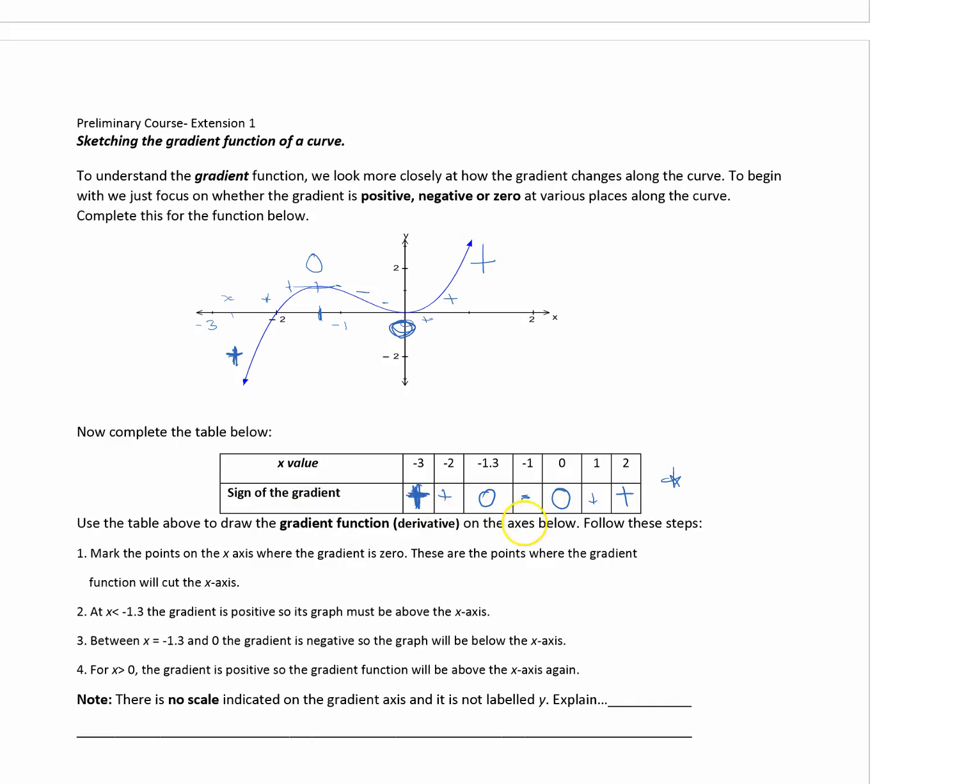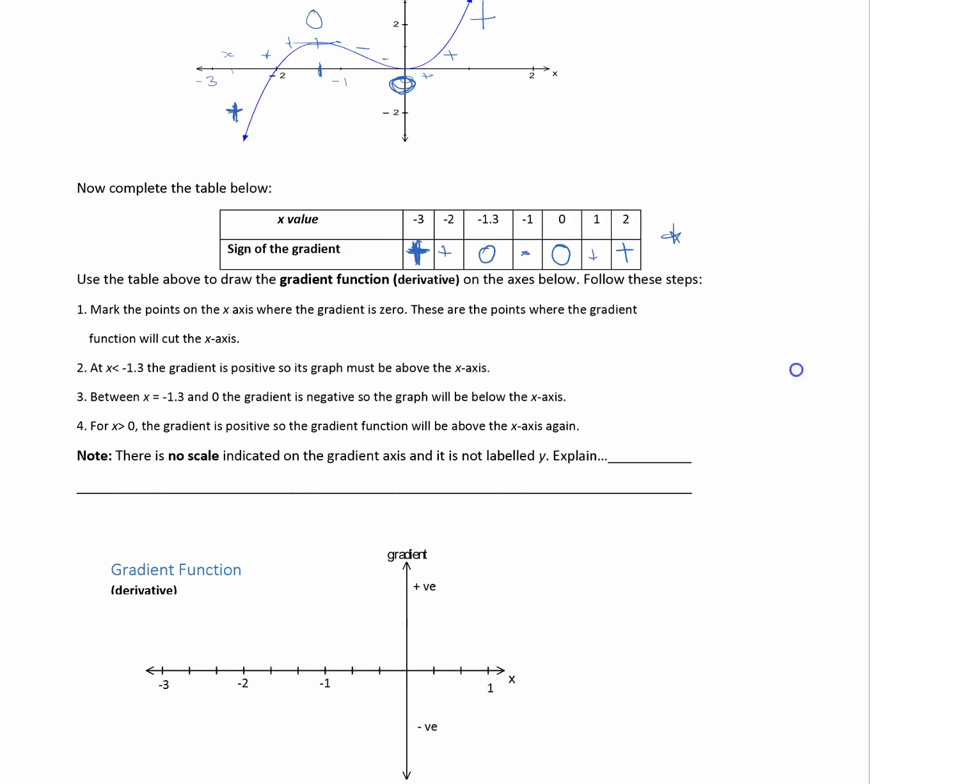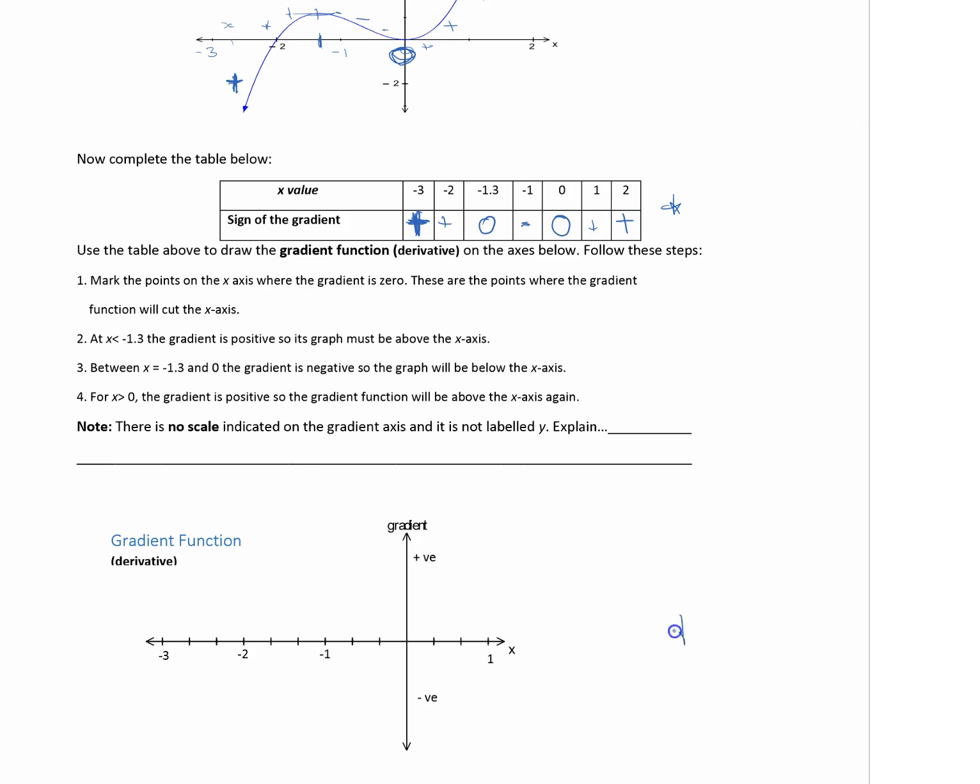We can only indicate on our gradient function graph whether we're positive, or whether it should be 0, or whether it should be negative below the axis. So that's what we're going to do down here. To actually do that, you can follow these steps.